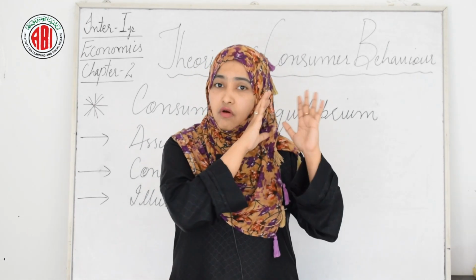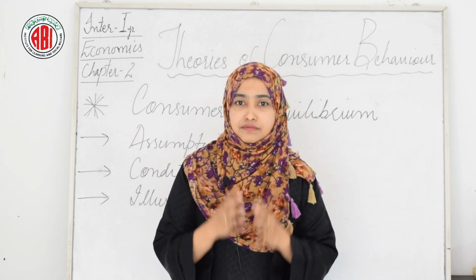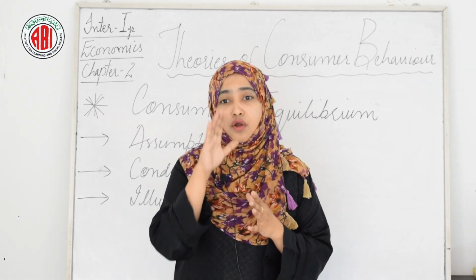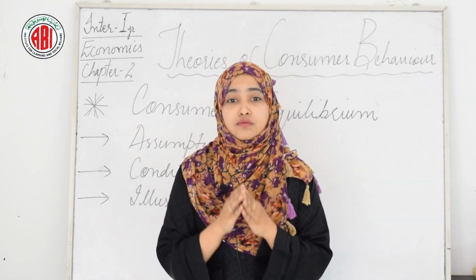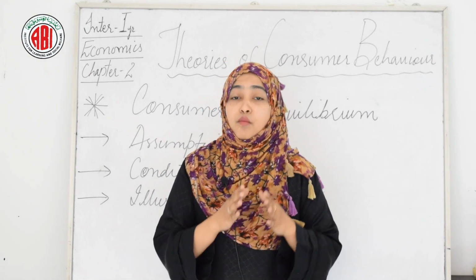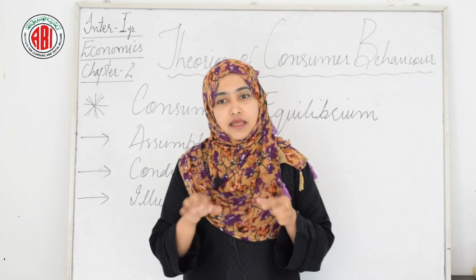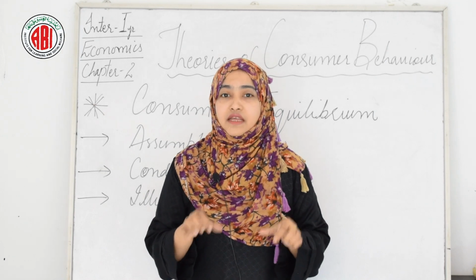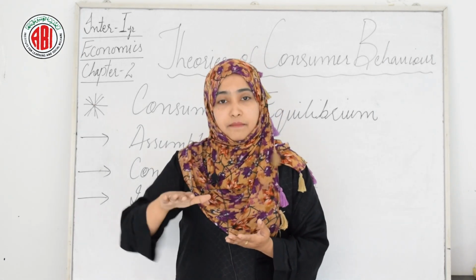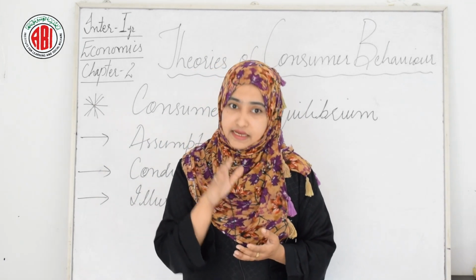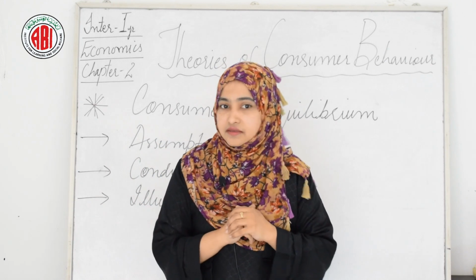After all these explanations about the laws, assumptions and the illustration, now you are in a position to understand how a consumer reaches the equilibrium position. A consumer is said to be in equilibrium with his given tastes, prices of the two goods, and income when he purchases the two goods in such a way as to get the maximum satisfaction.